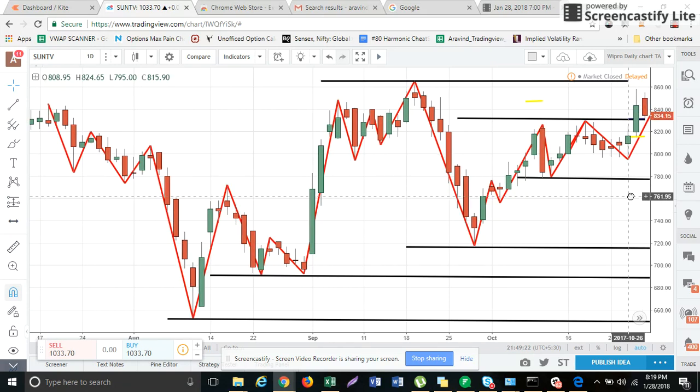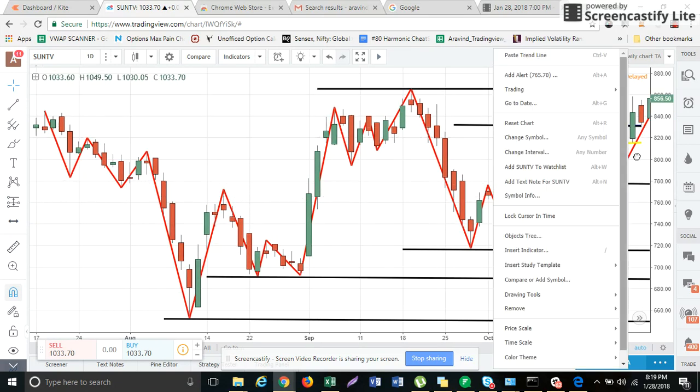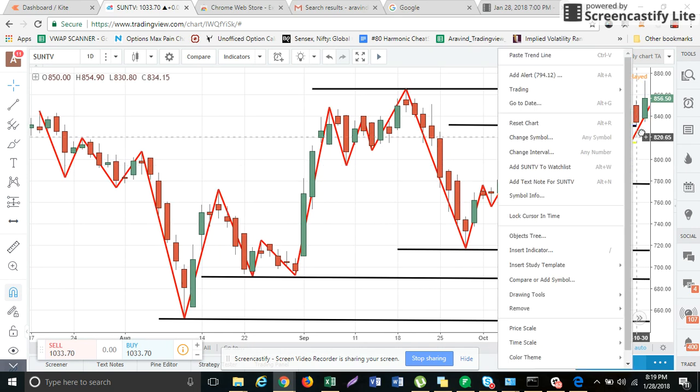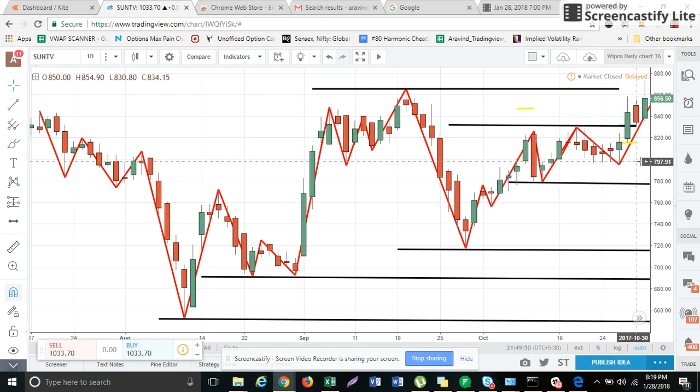So let's see what happens on the next day. So next day it formed a red candle, and it did not make a higher top, but it made a lower top. But you can see it formed a red candle. So we are not updating our stop loss. We will just move on to the next day. On the next day again it made a new higher top, also a big green candle.